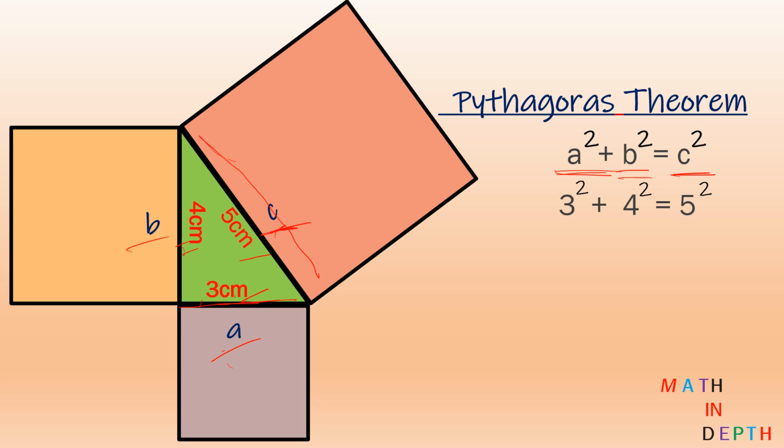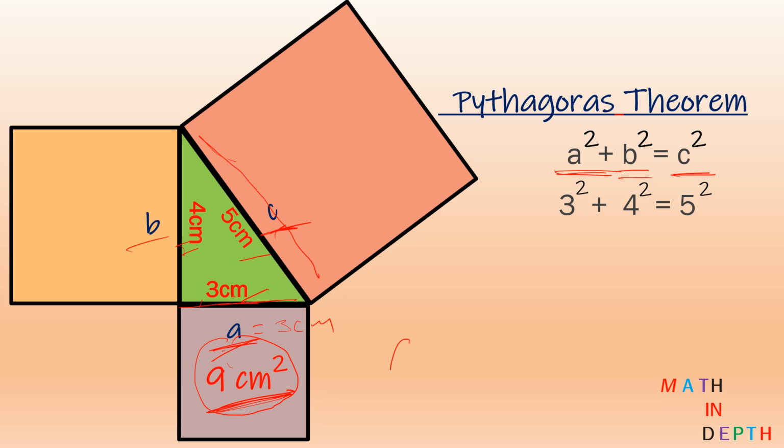Okay. Now if we try to find out the area of this square, what will it be? This is the area of a square based on this length. Here A is equal to 3 centimeter. So the area of this square will be 9 centimeter square.